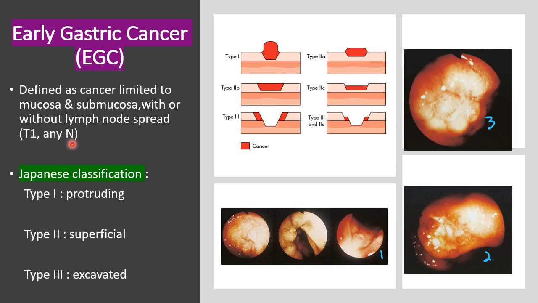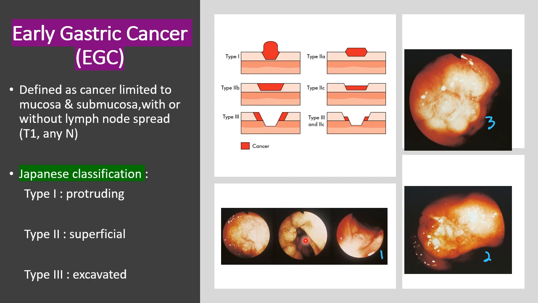In the Japanese classification, type 1, as seen in this diagram, is the protruding type. Type 2 is superficial, involving the mucosa of the stomach. And the third one is the excavated or cavity type, which involves the muscular layer of the stomach.